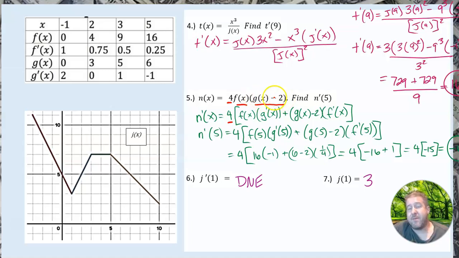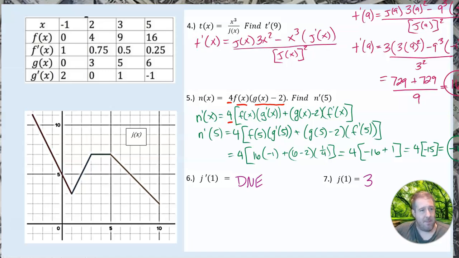Well, the derivative of -2 is 0. So there's no reason to put that. So the derivative of this entire parenthesis is that g prime of x. And then second times derivative of the first, plug in 5 for all the numbers to find n prime of 5. Now that we know x is 5, substitute and solve to simplify.